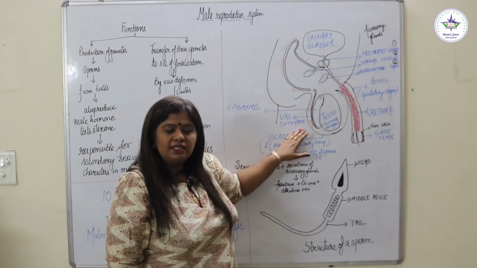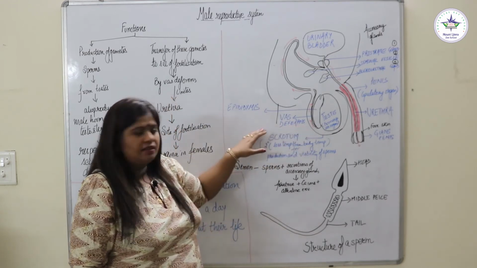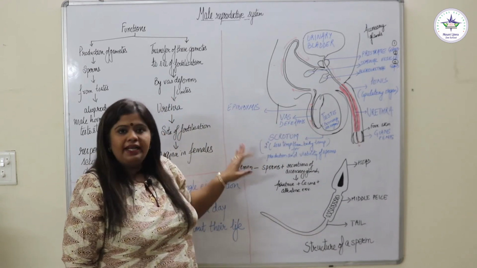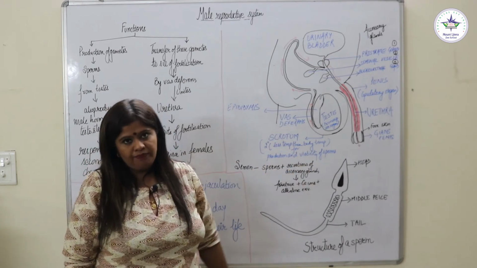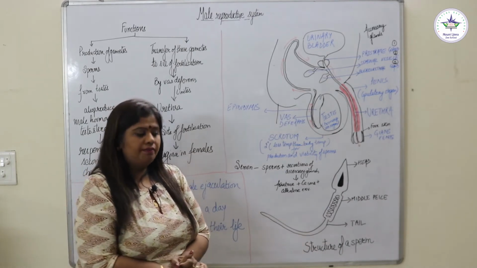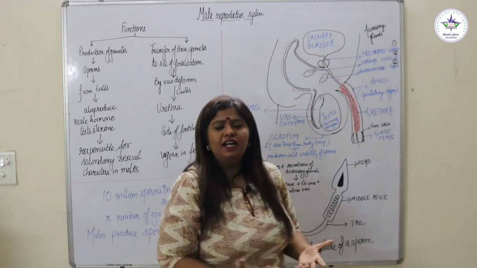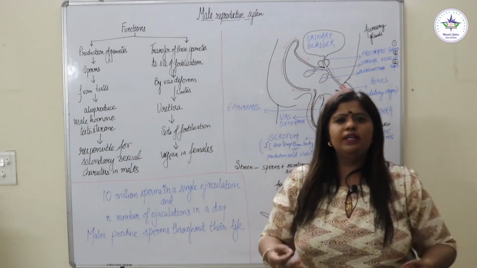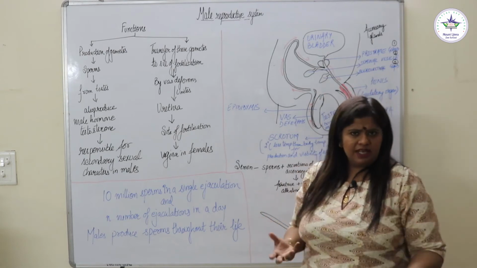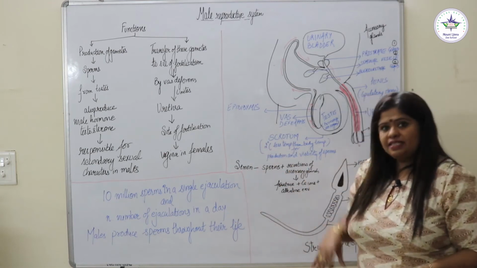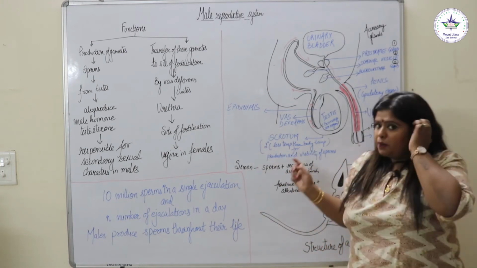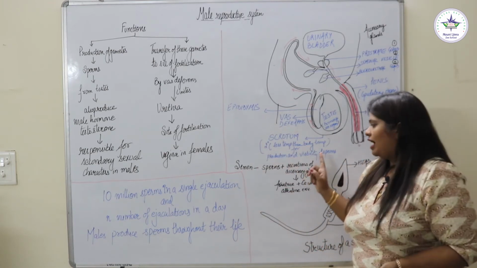Testes need to be placed outside in a muscular bag, the scrotum, to maintain a temperature 2 degrees less than the body temperature. And that's very important because usually the body temperature fluctuates 1 or 2 degrees when you do a lot of exercise or when we sit at a cool place. Under these circumstances, the sperms are no more viable.